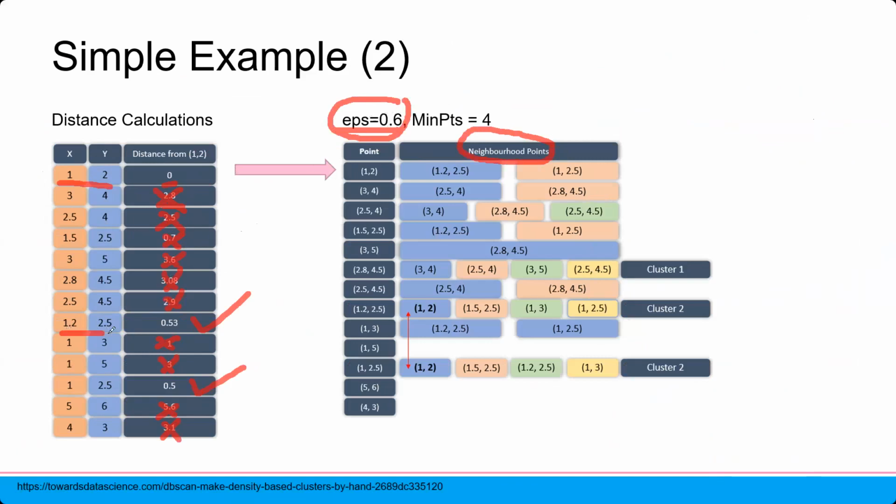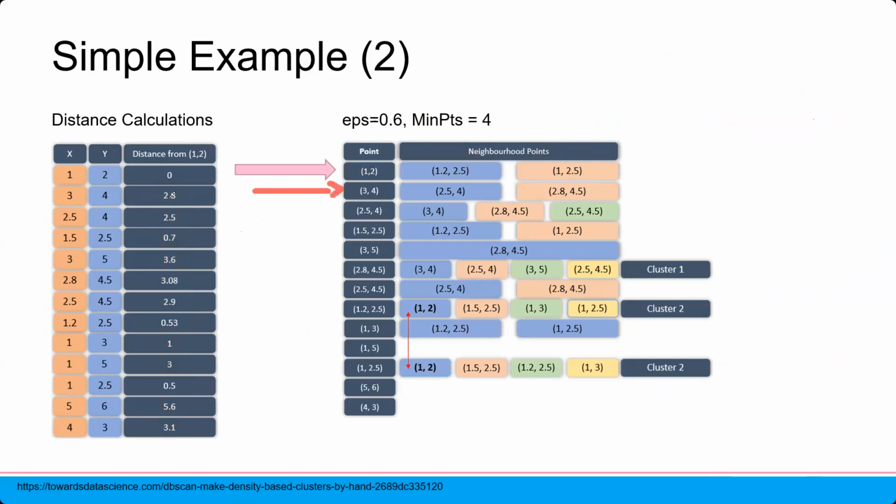We have 1.2, 2.9, so we put this point into the neighborhood points of 1,2, and the other, 1.5,2.5, as a neighborhood point of 1,2. Then we go to the next point, which is 3,4.